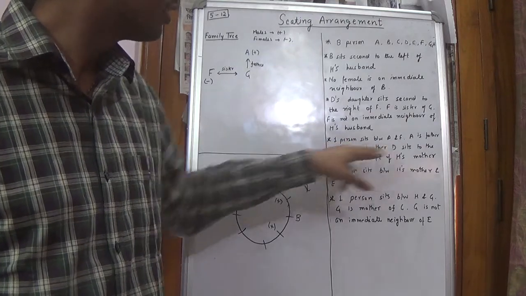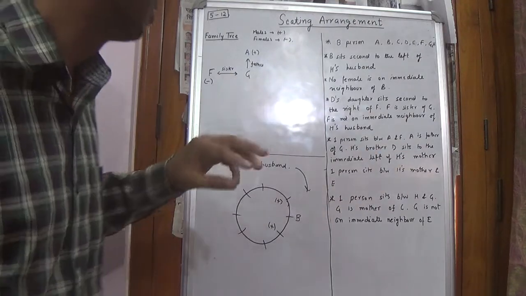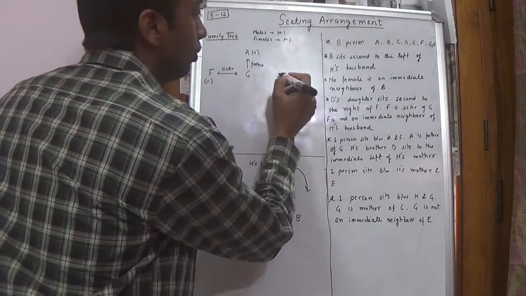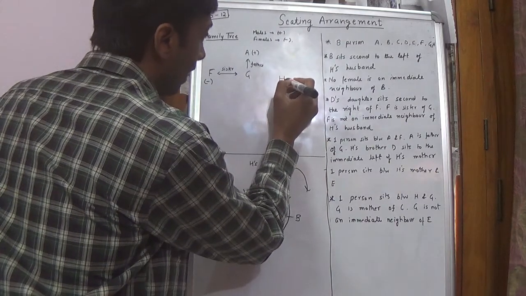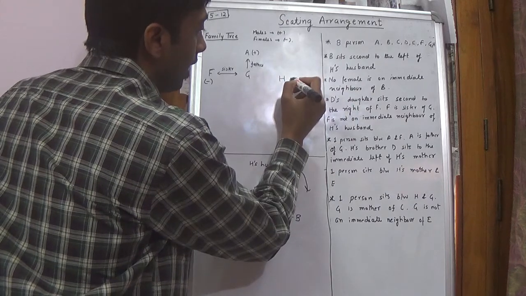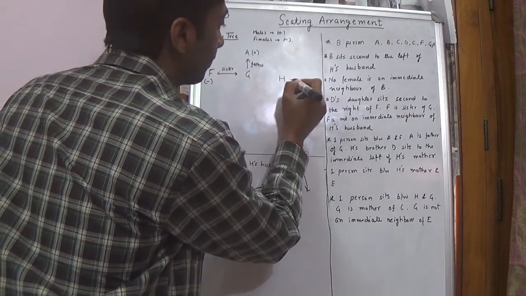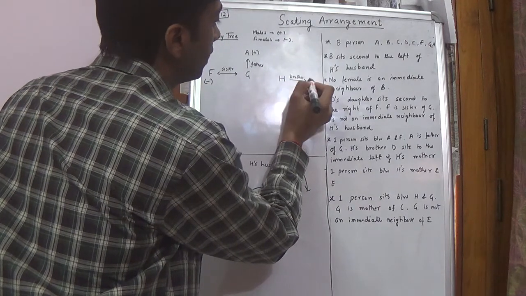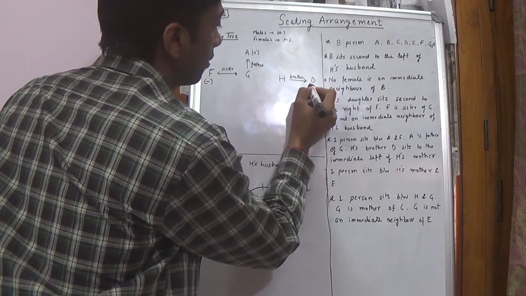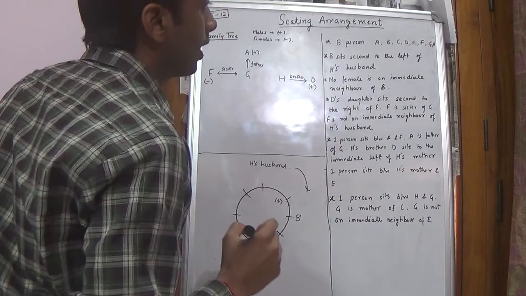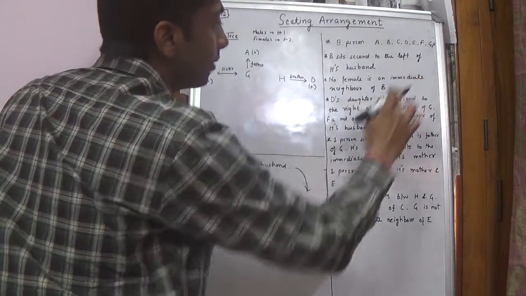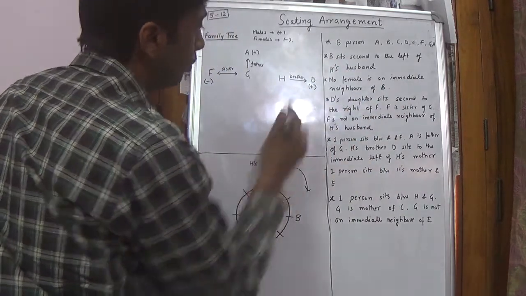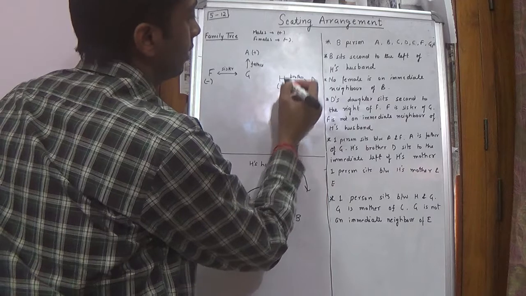H's brother D sits to the immediate left of H's mother. So H, we don't know who H is, but H has a brother D. And from the first statement we see H's husband, so H must be a lady.